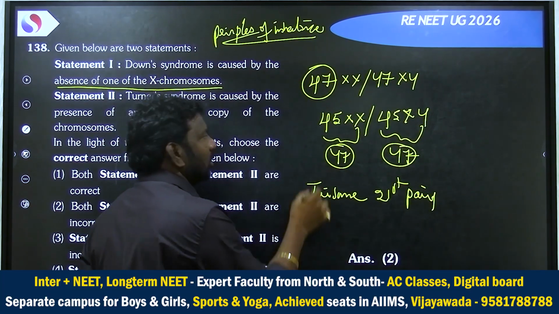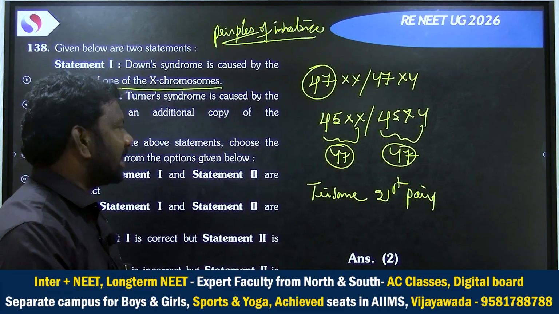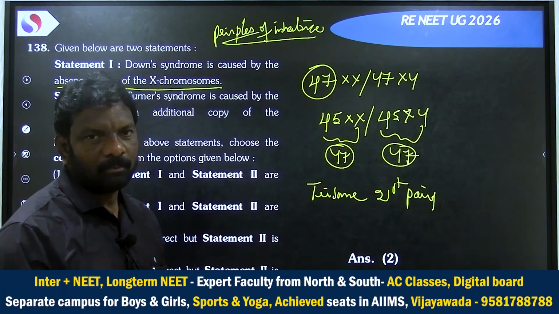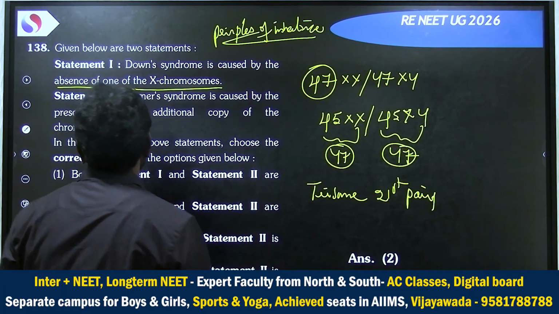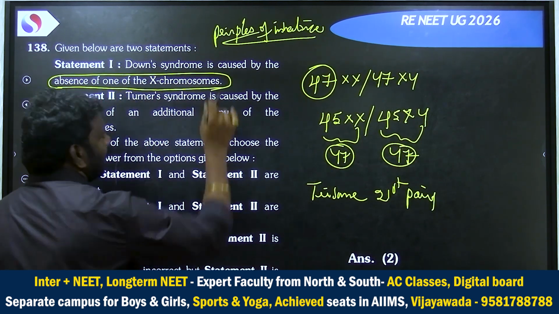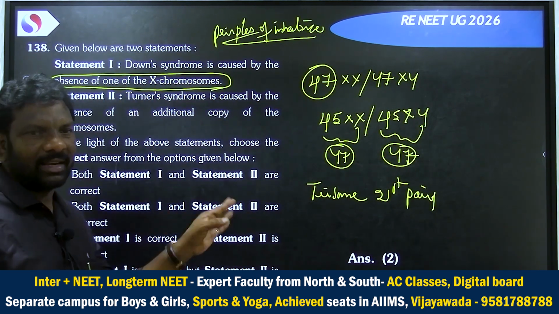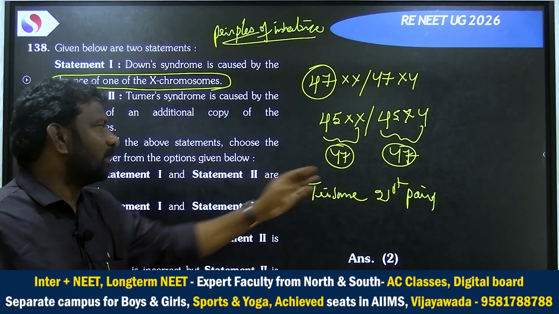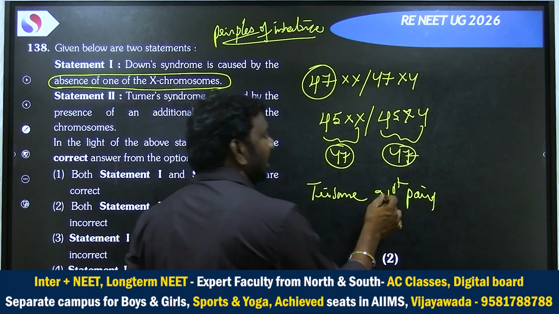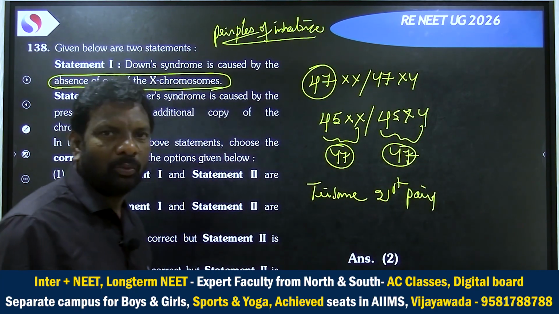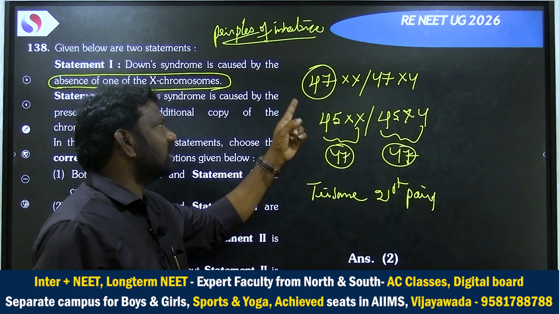So the karyotype is 47 with either XX for female or XY for male. But the statement is asking about absence of X chromosome. That is not related to absence of X chromosome. Sex chromosomes are present as usual, but additionally one autosome is added to the 21st chromosome. That's why the karyotype is 47.